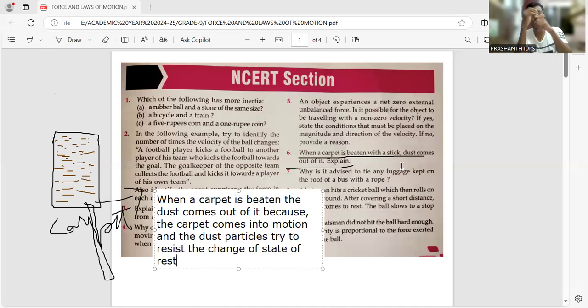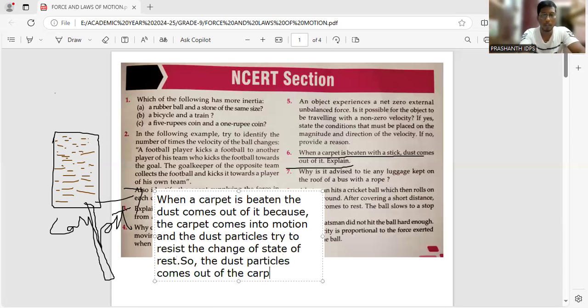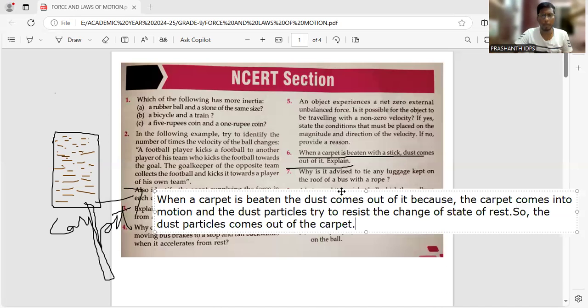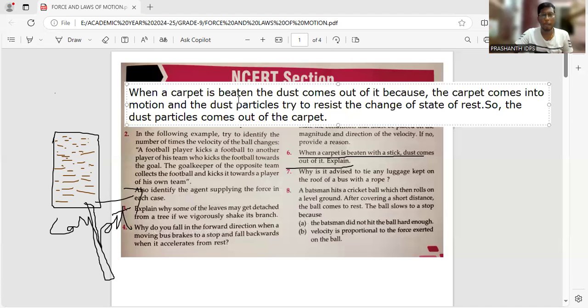They are in the rest position, so they want to be in the rest position only. Why? Due to inertia, according to Newton's first law. So the dust particles come out of the carpet. This is the answer for the question. You can simplify it also if you want.